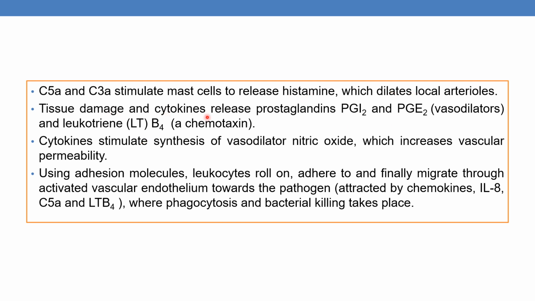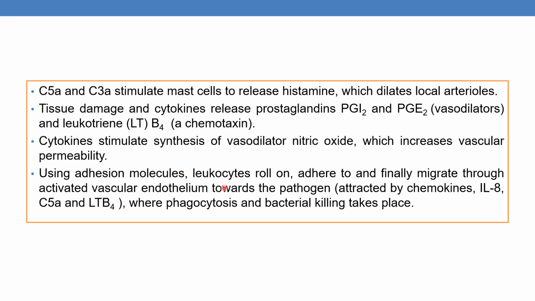The tissue damage and cytokine release produce prostaglandins PGI2 and PGE2, which are vasodilators, and leukotriene LTB4, which is a chemotactic agent. These cytokines also stimulate synthesis of the vasodilator nitric oxide, which increases vascular permeability.